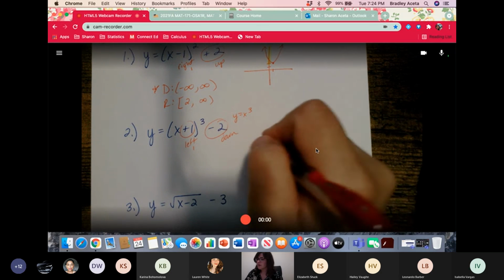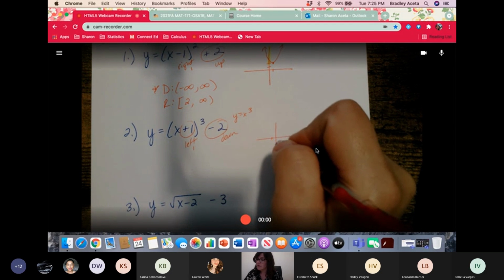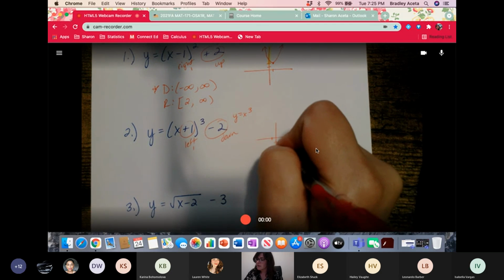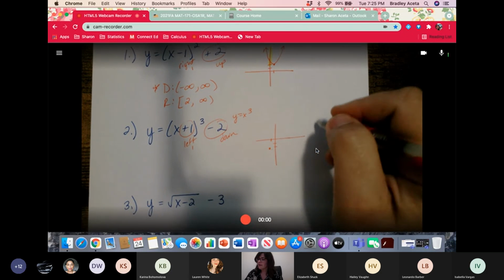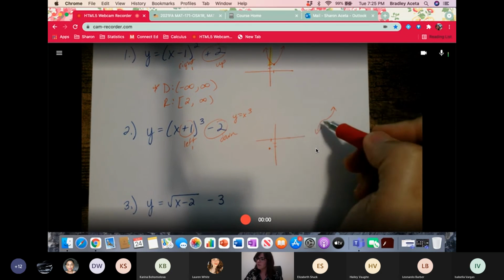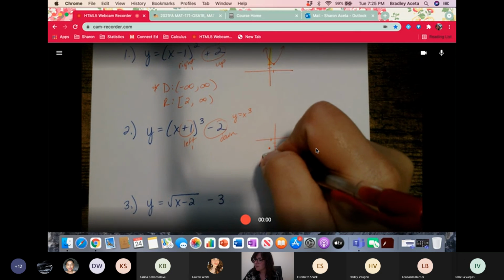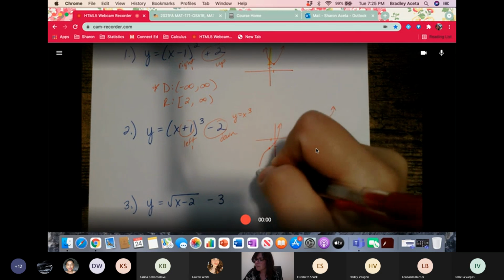So I'm going to make that my starting point. Left 1, down 2. And that point, again, your cubing function looks like that. The point that you just shifted is that middle. So it would go down and then up.